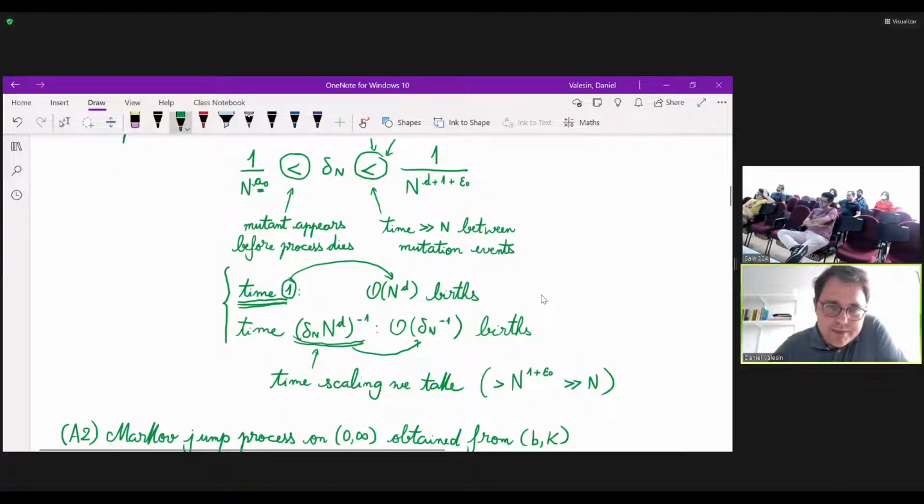So this is the time scaling that we will take. We'll take the time scaling delta n. This means that we accelerate time by multiplying time by this constant. The idea of taking this time scaling is that in this time scaling, the time elapsed between two mutations is going to be of order 1.